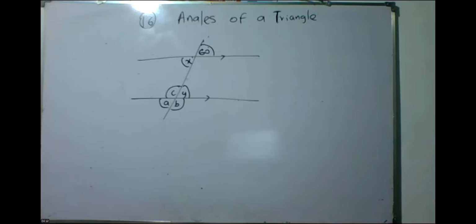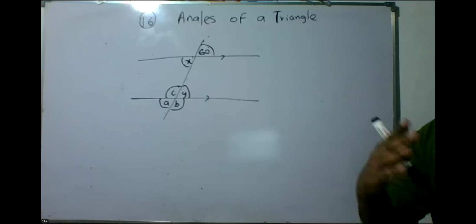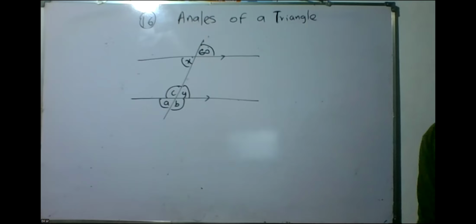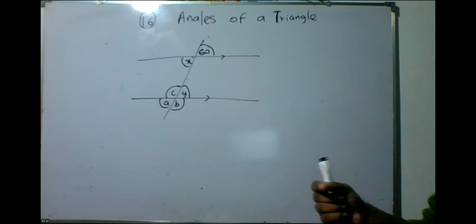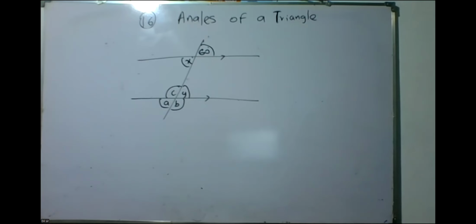If you can, write a reason for each answer. These are the reasons: vertically opposite angles, corresponding angles, co-interior angles. That means you can write reasons for each answer.